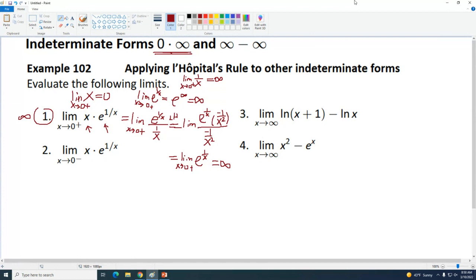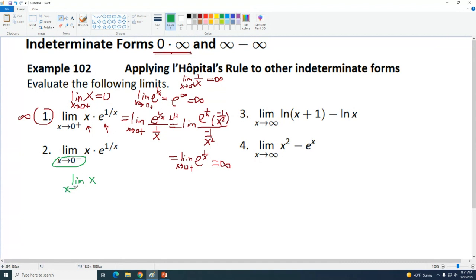Now, number 2, it's different. The limit is as x goes to 0 from the negative side. So x is negative, but close to 0. In that case, we still have the limit of x equal to 0.